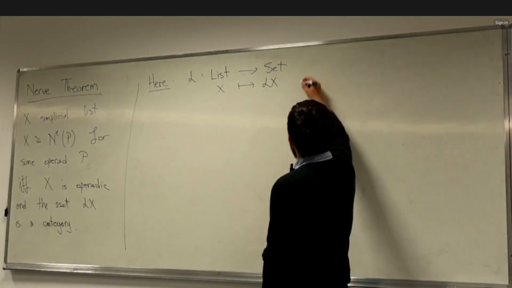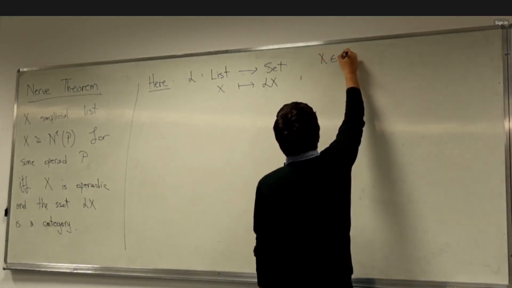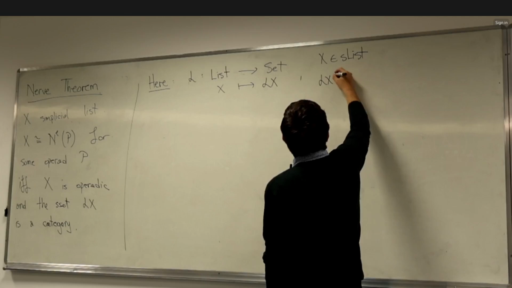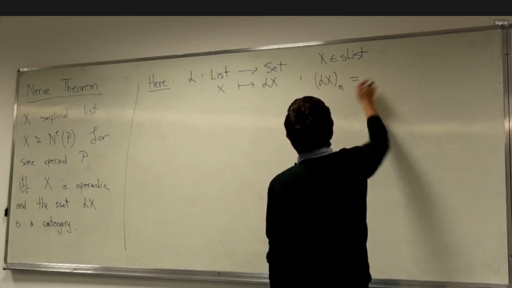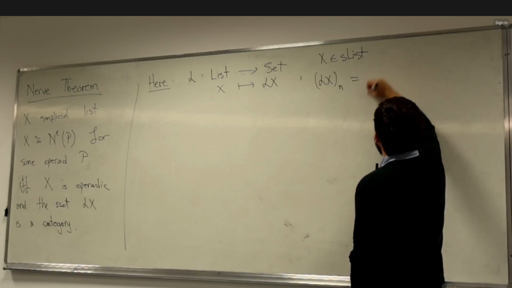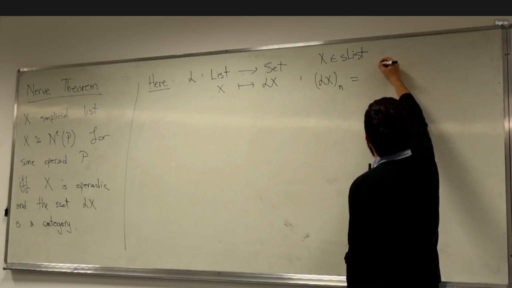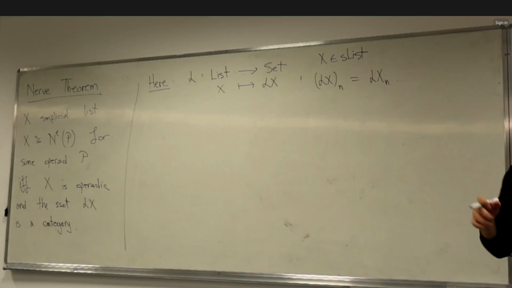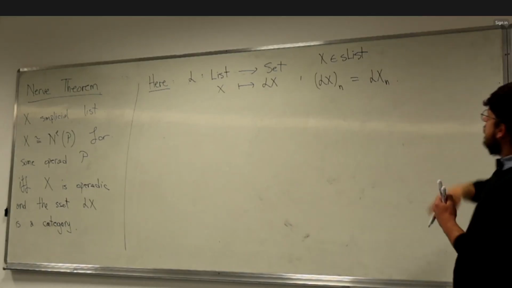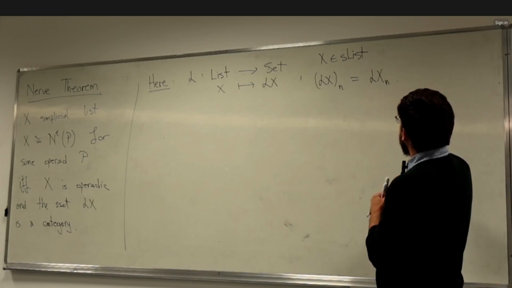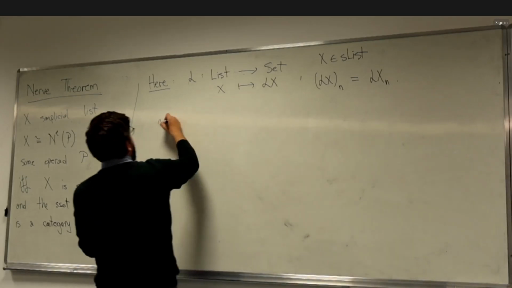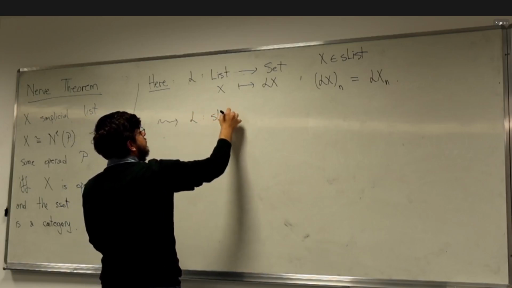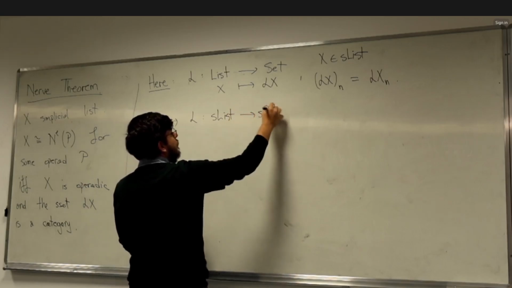So if I have X some simplicial list, the simplicial set Lx has as n-simplices the lists of n-simplices of X. So by functoriality, we obtain a functor from simplicial list to simplicial set.